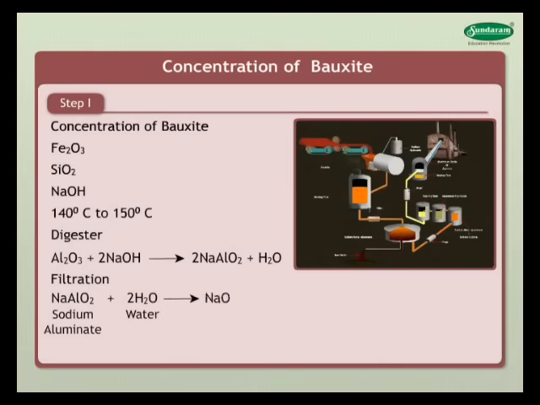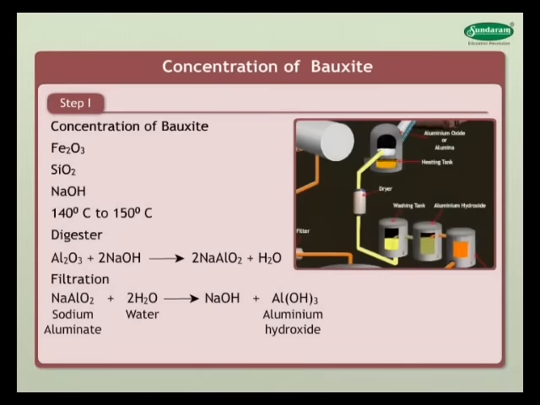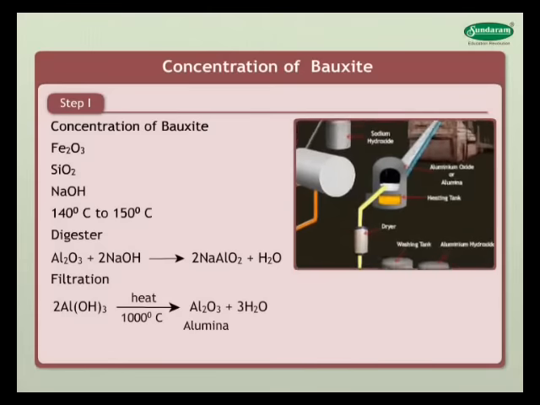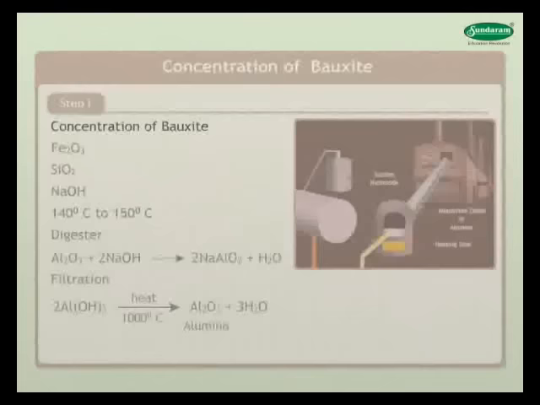NaAlO2 + 2H2O gives NaOH + Al(OH)3. The precipitate is filtered, washed, dried and ignited at 1000 degrees Celsius to get alumina Al2O3. 2Al(OH)3 when heated at 1000 degrees Celsius gives Al2O3 + 3H2O.